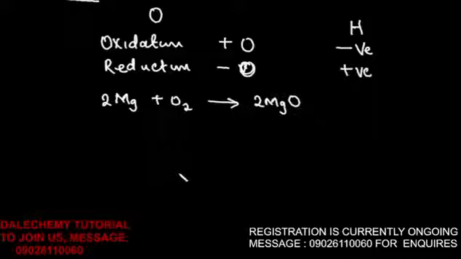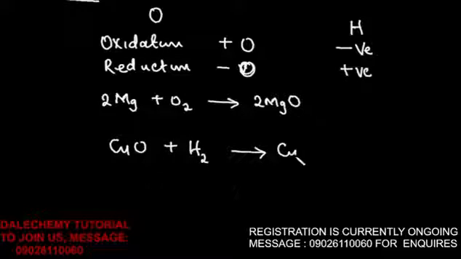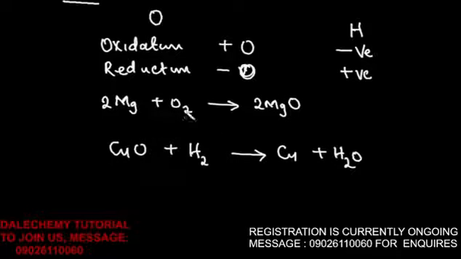So that means that reactions like copper oxide plus H2, where we are adding hydrogen, is actually a redox reaction, and it is specifically a reduction reaction because reduction is the addition of hydrogen. Sometimes you might not see oxygen and hydrogen in a reaction and the reaction will be a redox reaction.